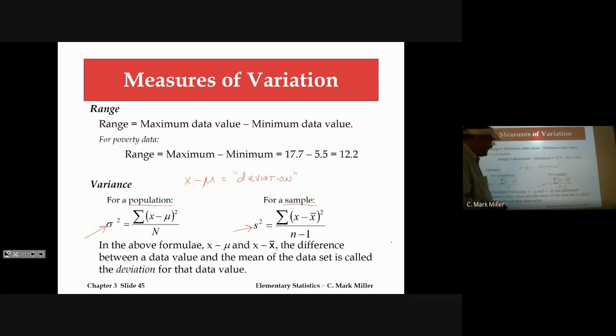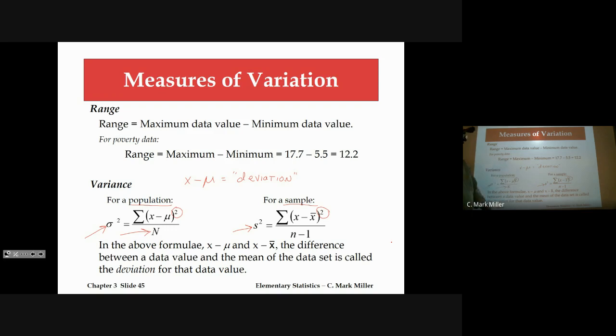And so what we do is we square them. We square them. And here is a big difference. I mentioned that, I told you this was coming. For the population variance, you divide by capital N. You divide by capital N, and capital N is the population size.